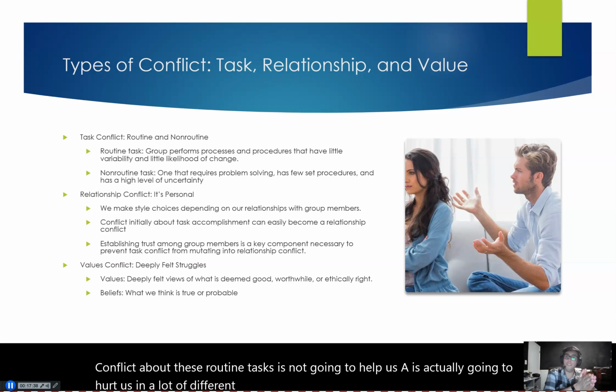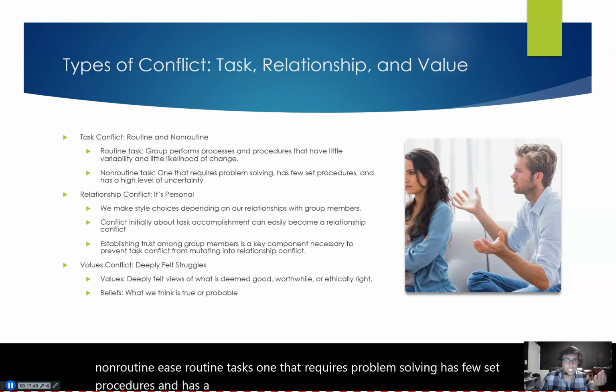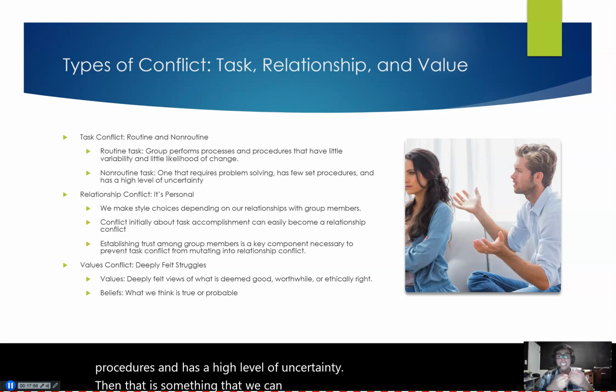Whereas when we have conflict about non-routine tasks, one that requires problem solving, has a few set procedures, and has a high level of uncertainty, then that is something that we can have conflict about and is less likely to lead to destructive conflict.